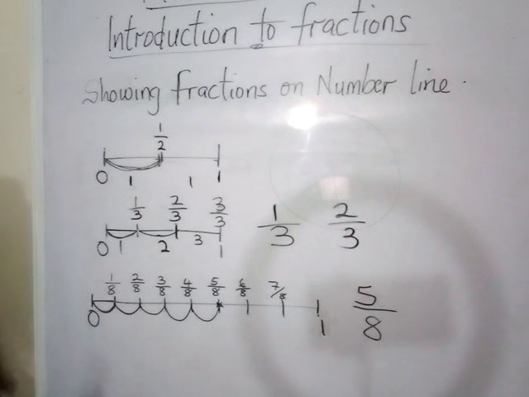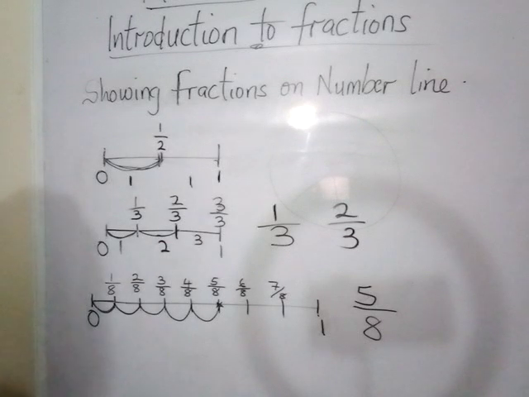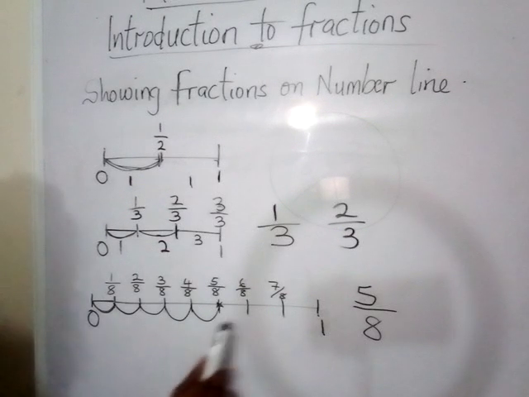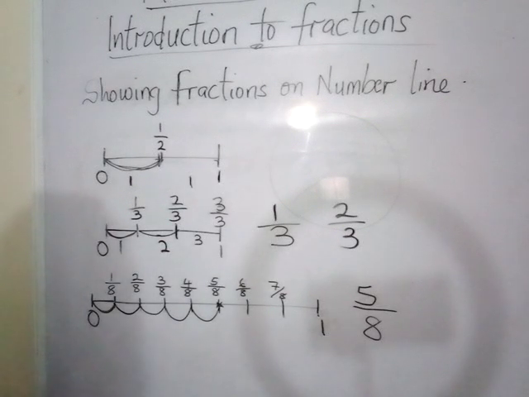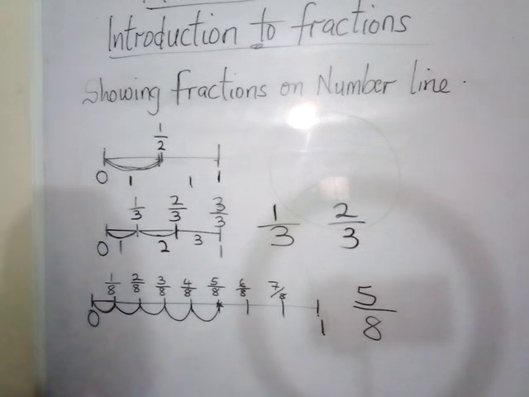Remember, when you are using a number line, it's always between 0 and 1. Depending on the parts that make the whole, you make sure that you split your number line into equal parts. Whatever the number is, it has to be split into that number of equal parts.